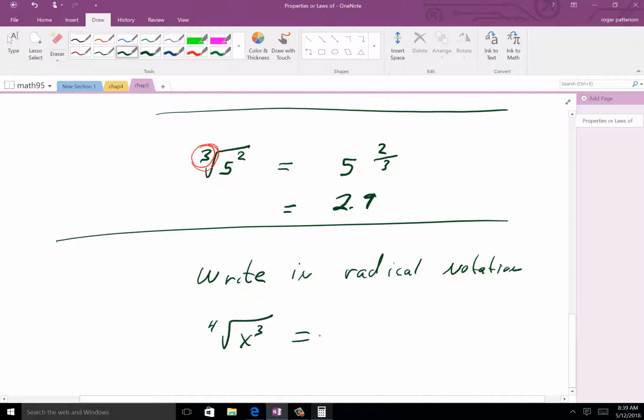To write this in radical notation, I'm going to go 4th root of x to the 3rd. Again, this bottom number here is always the root.